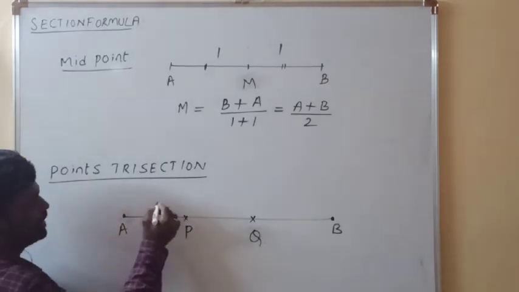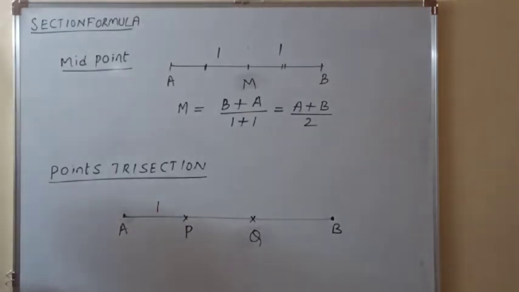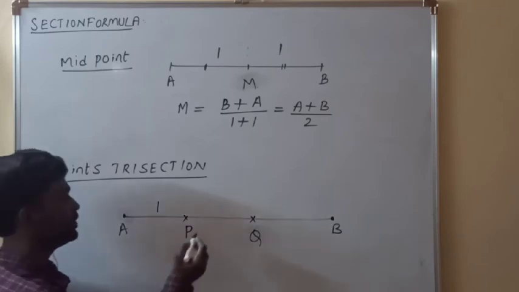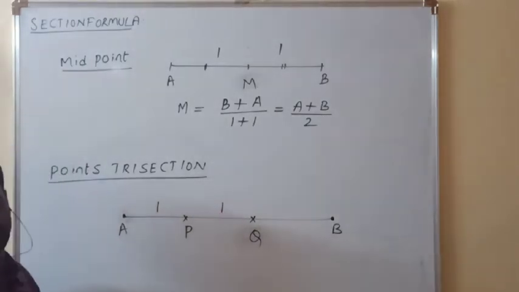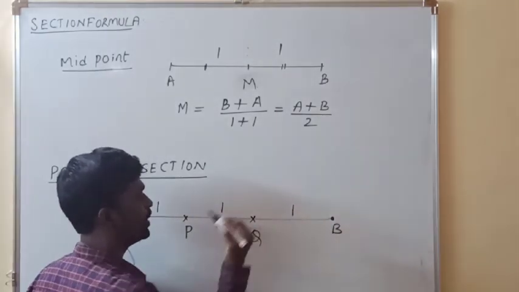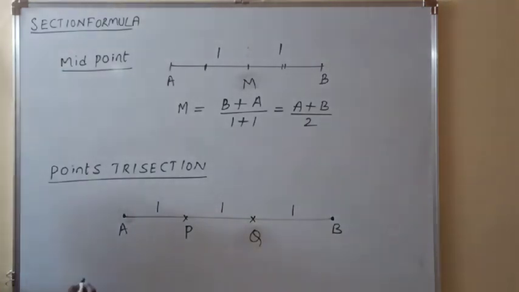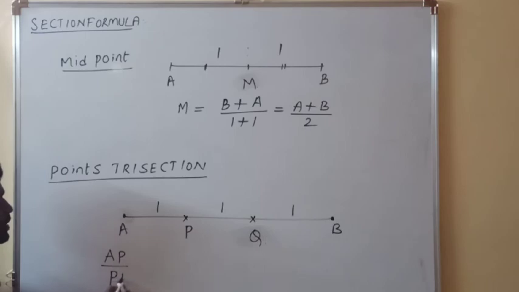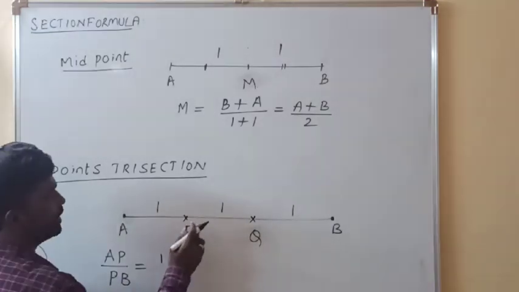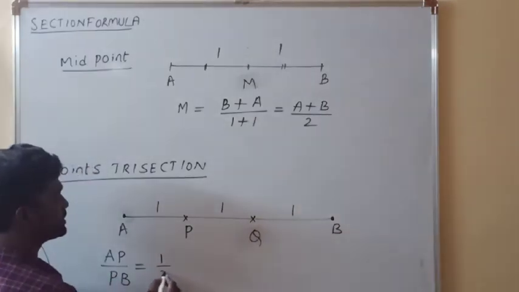So suppose I assume AP is 1 unit, PQ also 1 unit, QB also 1 unit. Now, what is AP by PB? AP is 1 unit, PB is 1 plus 1, 2 units.